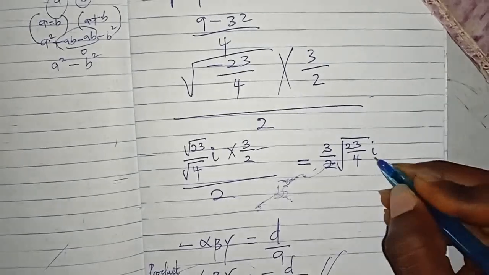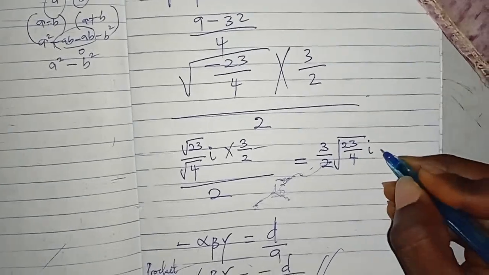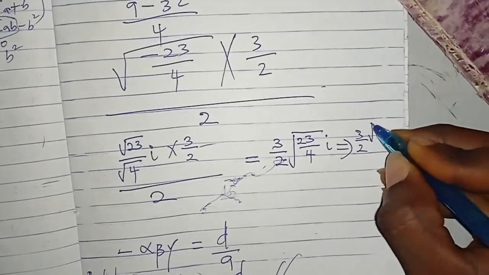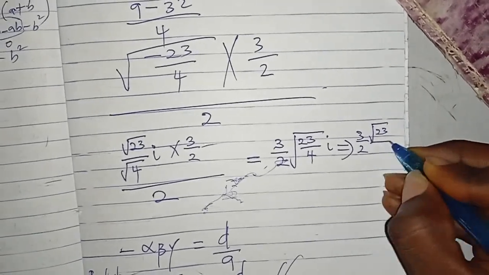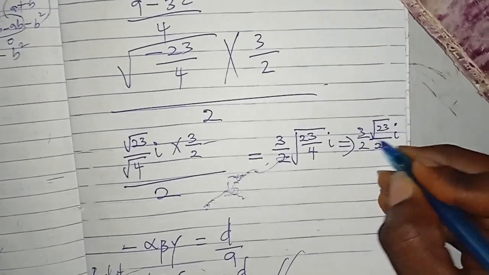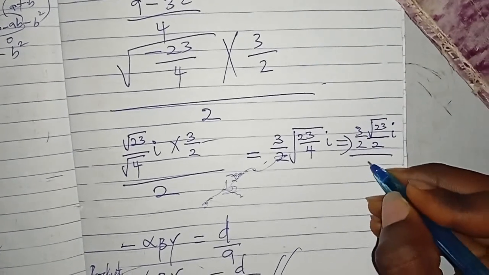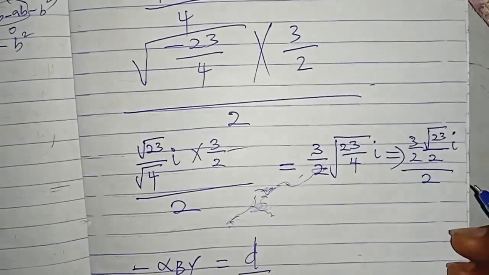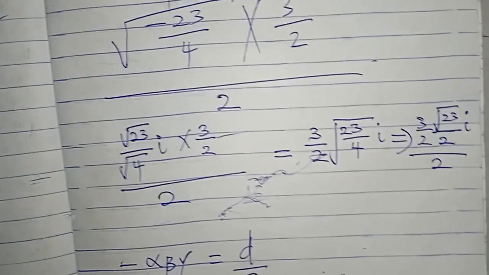And notice that this can also be the same thing as saying 3 over 2 root 23 over 2i all over 2. Yes, all over 2.